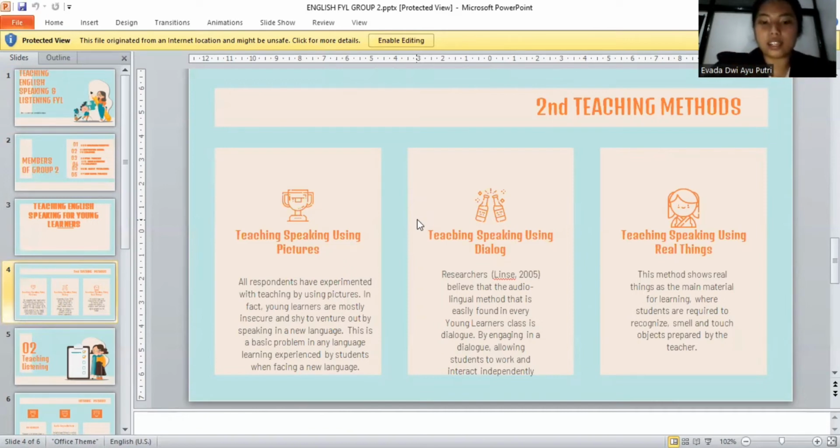Some respondents say that with pictures, students can make dialogues by showing pictures to their friends. And then, through pictures, they can communicate with their friends. From what the teachers say, a picture can motivate students and make them focus and be easier to organize.